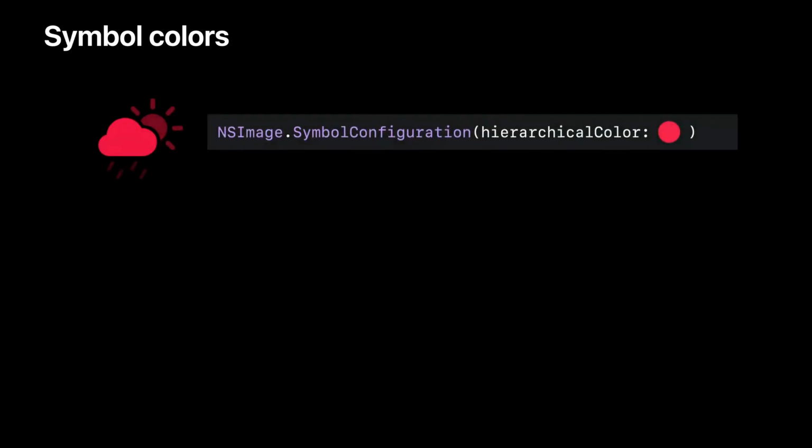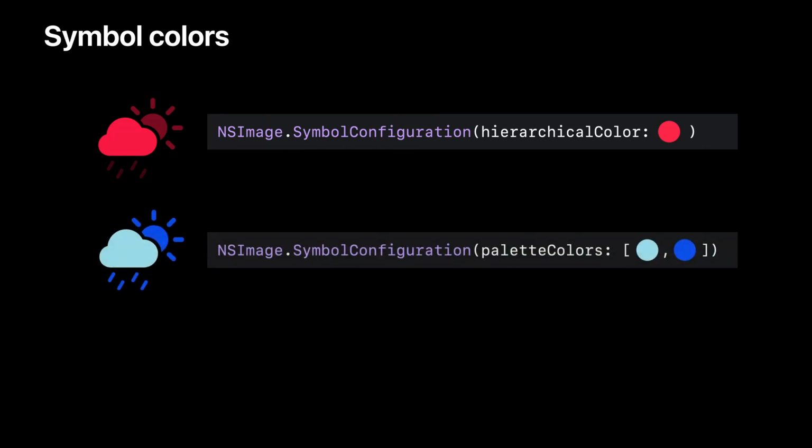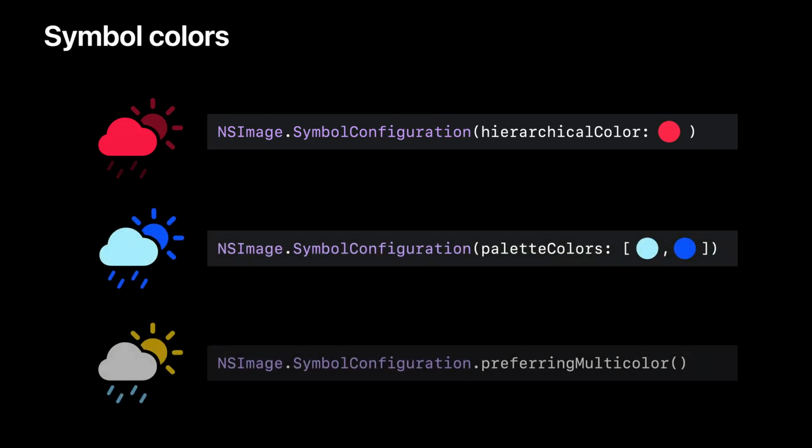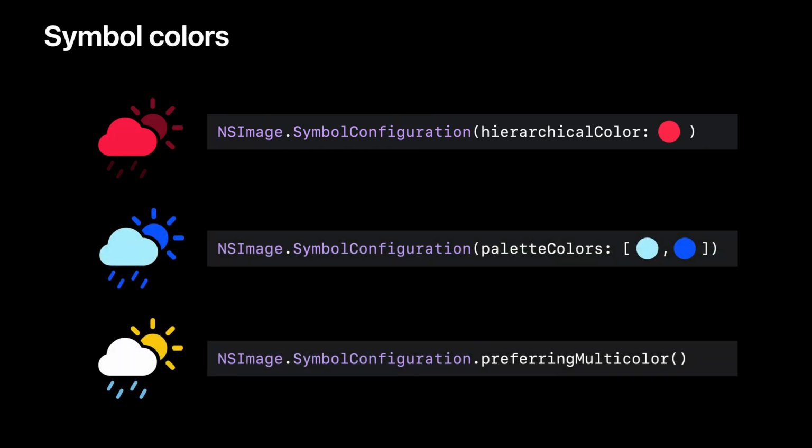You can access these rendering modes using new API on NSImage symbol configuration. I'm representing the NSColor parameters as dots to show you how they correspond with the rendered symbol. The hierarchical rendering mode takes a single color, which is applied to the symbol layers with decreasing opacity. The palette mode accepts an array of colors, which are applied to the layers verbatim. And you can also create a configuration that prefers the multicolor rendering mode.